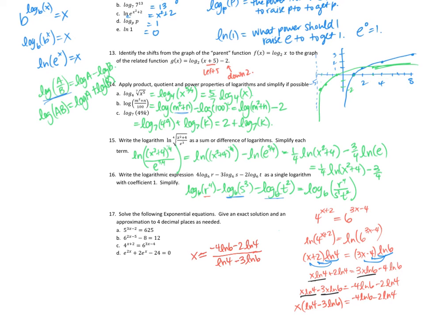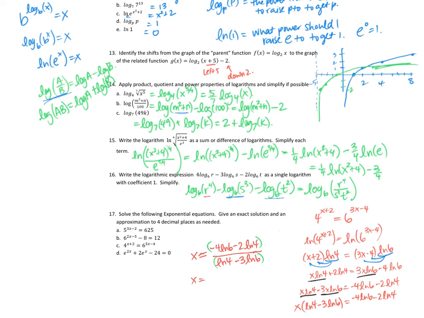So that I can plug into my calculator. And what you have to remember when you plug this into your calculator is to put parentheses around the top and parentheses around the bottom.